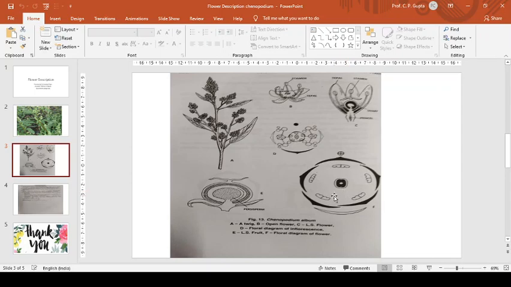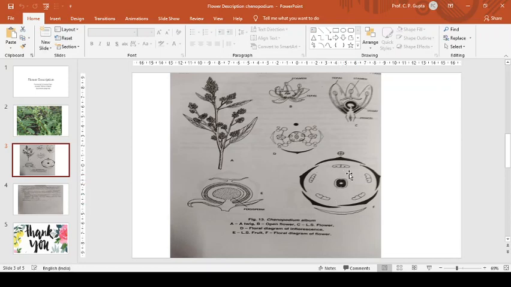Gynoecium is bicarpellary, syncarpous, superior. This is the superior position of the ovary. Unilocular. You can see one locule here.